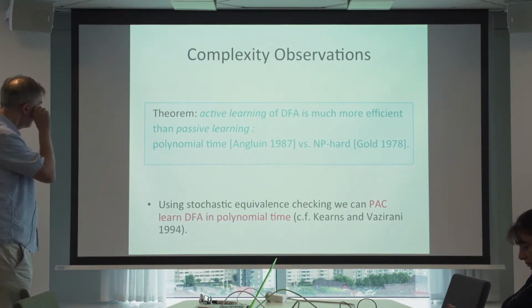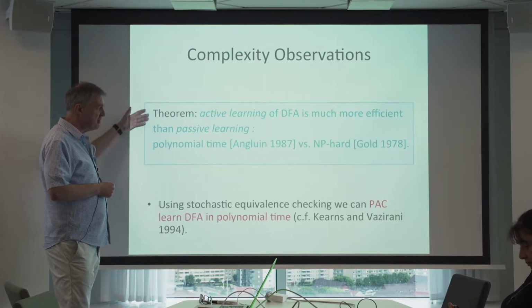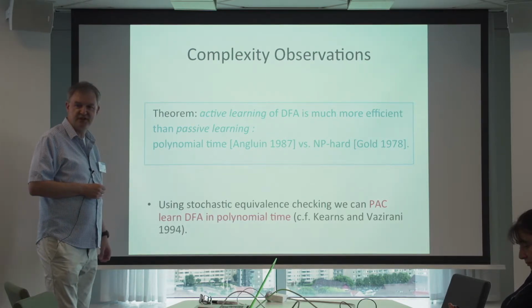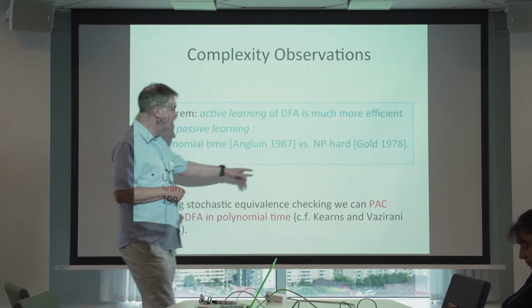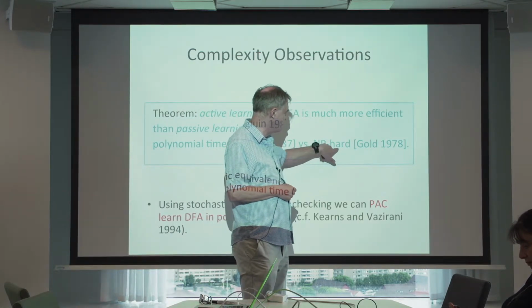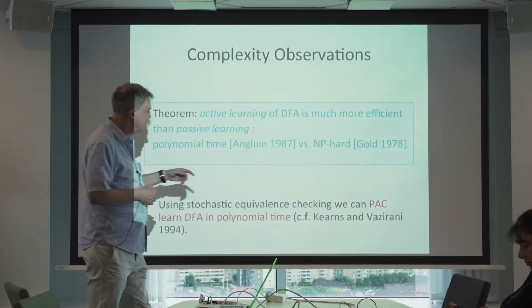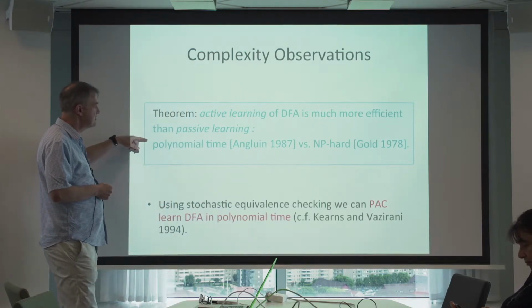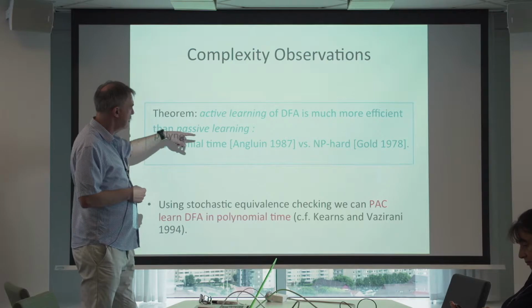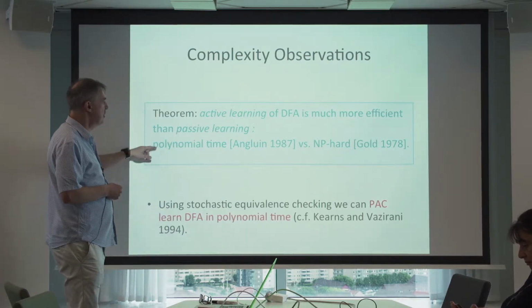Complexity. This was the reason that L star got the attention. It was originally really a complexity theoretic result, because people were skeptical of automata learning. So Gold wrote a paper in '78 that said, well, you know, passive automata learning is NP hard, and at that point a lot of people gave up. So there's almost a 10-year gap here before L star appears. And in her paper, Angluin proved that, in fact, active learning can be done in polynomial time.